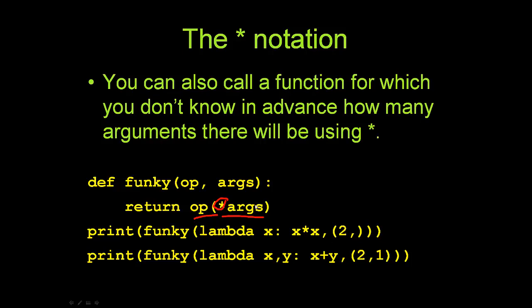So 2 is the args, and lambda x squared is the op. What happens here is that 2 is applied to x. Later on, if you do lambda x, y: x plus y, then 2 becomes x and 1 becomes y. So you get 4 and you get 3.